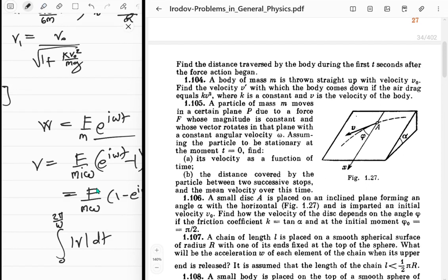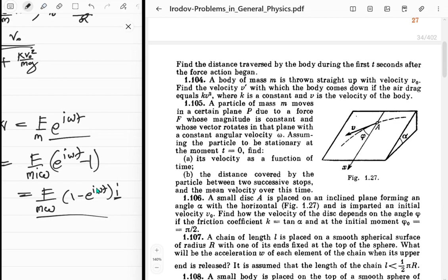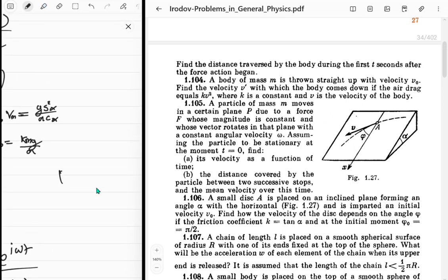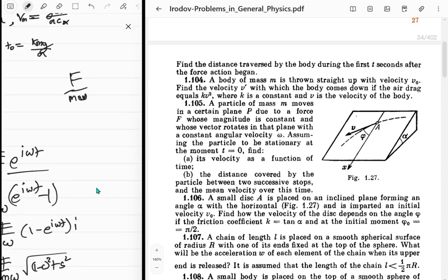So what's the magnitude of this velocity? It can't be that hard. The magnitude of this thing, this is going to be 1 anyway. So it's F upon m omega times the square root of (1 minus cosine) squared plus sine squared. Exactly. Now that will be 1, so it's F upon m omega, and this thing is, ouch, my brain hurts.